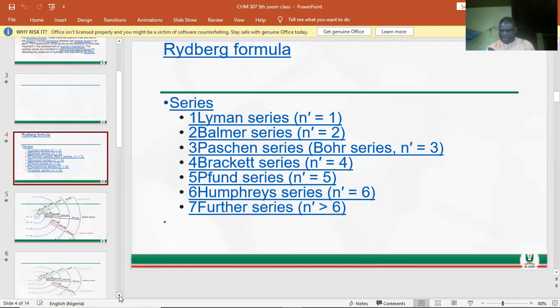The emission spectrum which is produced gives a color of light or characteristic of the light which is actually seen as a series of lines which are called the spectrum or atomic spectra.